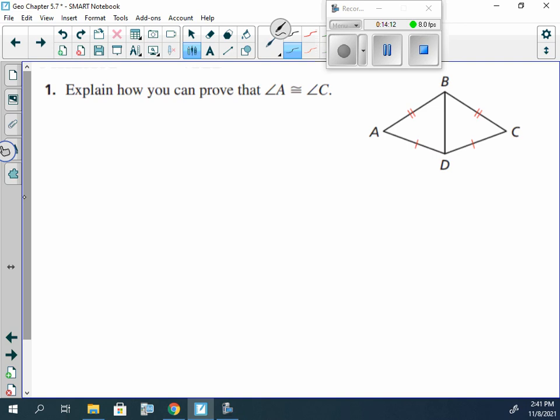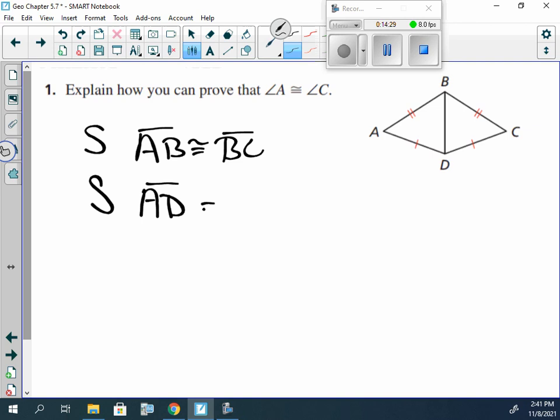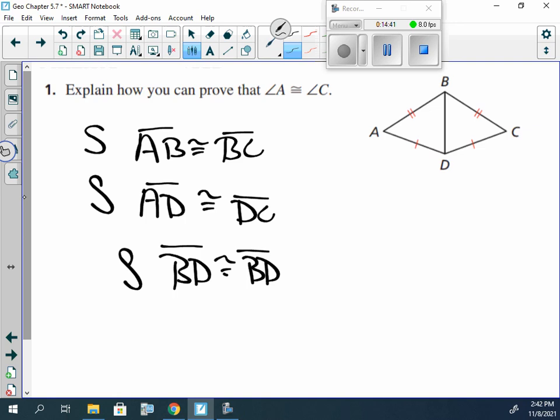So we do have a third side, yes? So we can say that side length AB would be congruent to what? Side length AD would be congruent to? Questions on this here?